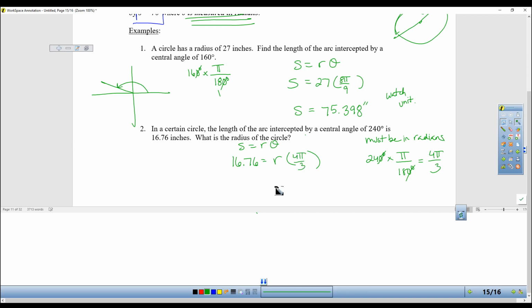You can, of course, just do this on your calculator, or you could flip and multiply, so 3 over 4 pi, to clear the fraction. But in the end, you're going to get your calculator out anyway. Your final answer will be 14.001 inches. Notice that I'm always rounding to 3 decimal places just to keep us all consistent.